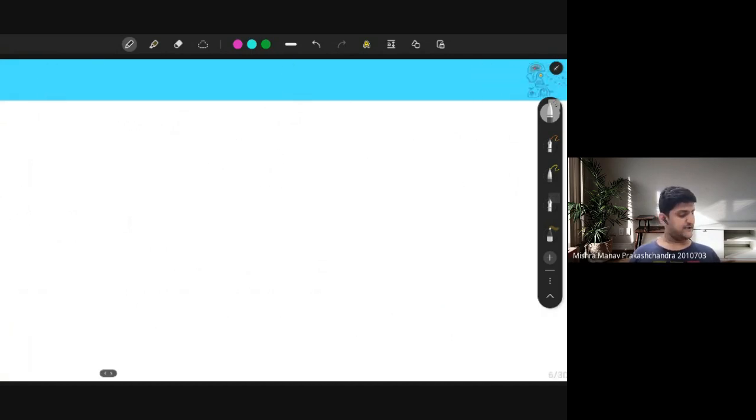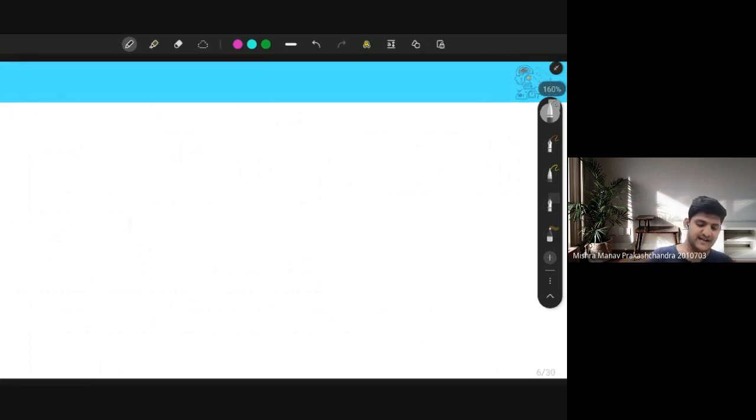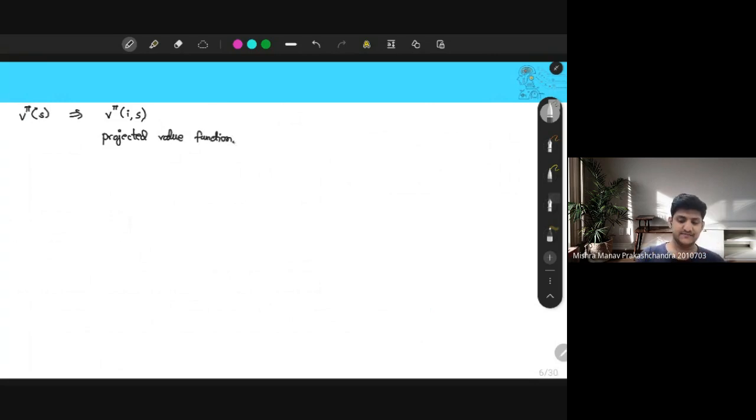To define a value function, first of all, I need to know the value function of the state S. This is for a normal MDP problem that we typically try to solve in the reinforcement learning setup. Here, we denote something called V pi i comma s. In short, this is a projected value function.